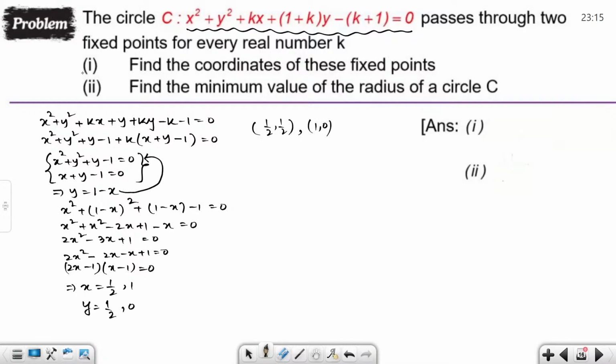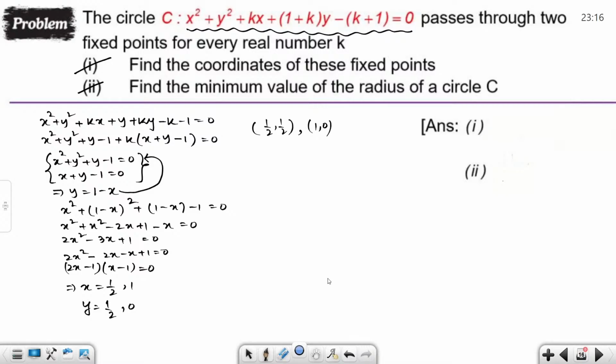Right? So the first part of this question is over. Okay, now you see a very interesting thing. In the second case, they have asked you, find the minimum value of the radius of circle C.